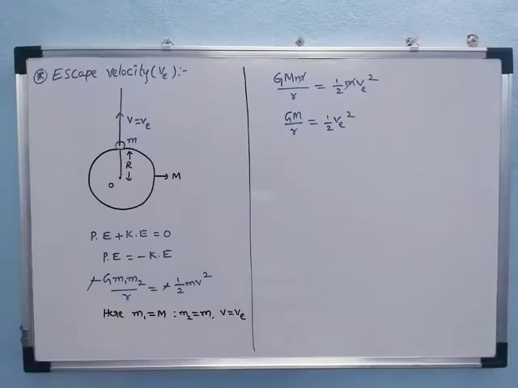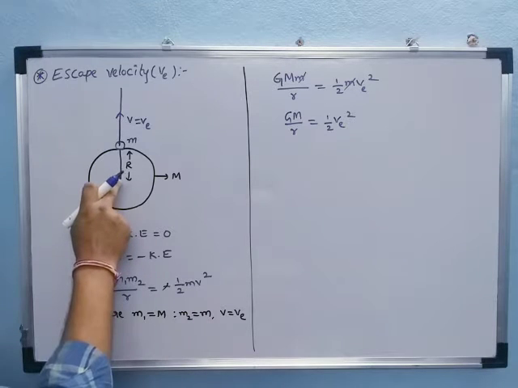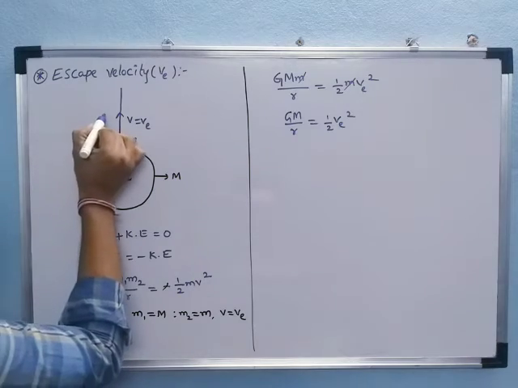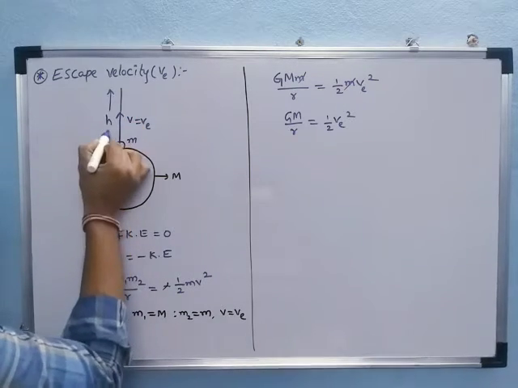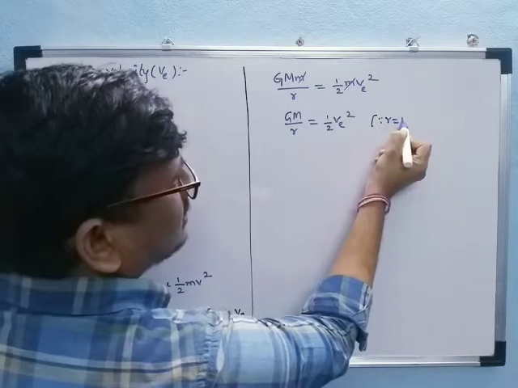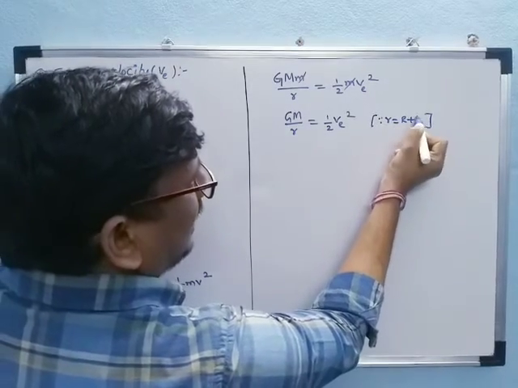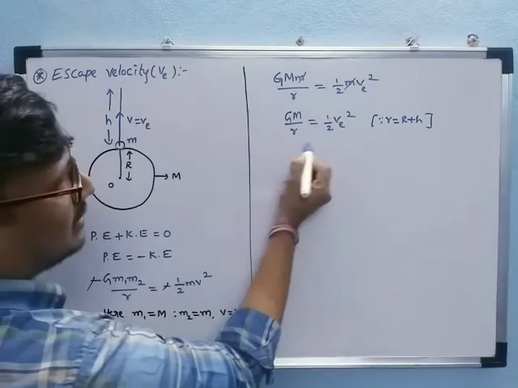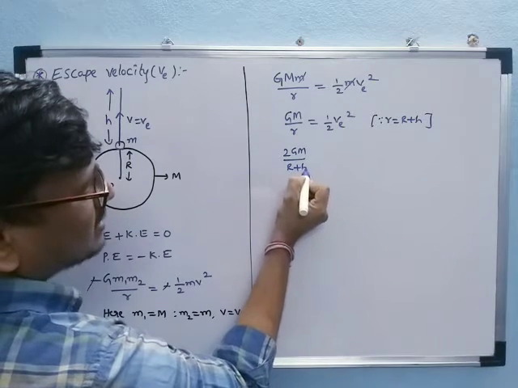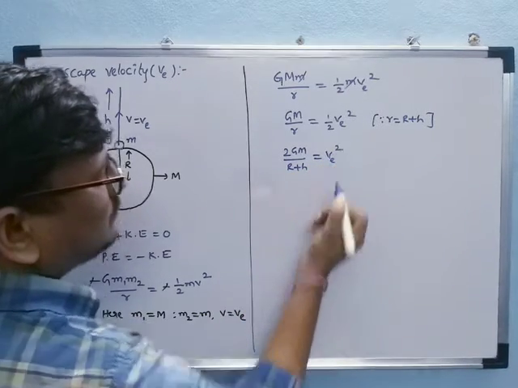Here r is the distance between the center of the Earth and the moving particle. For example, if it is lifted to a height h, then the total distance small r is equal to capital R plus h. Now we can write 2GM by (R plus h) is equal to v square.